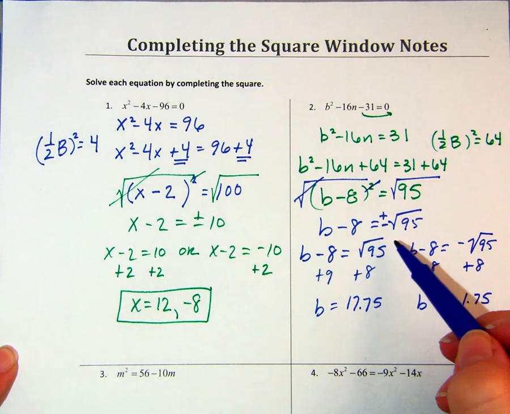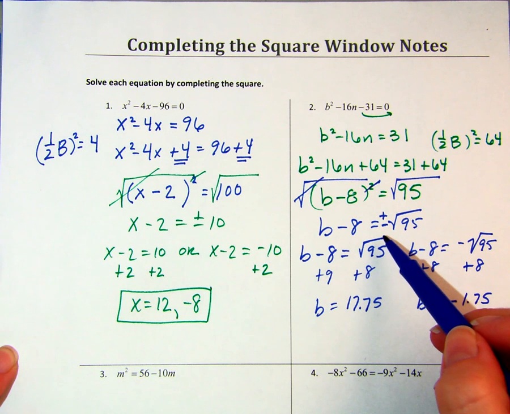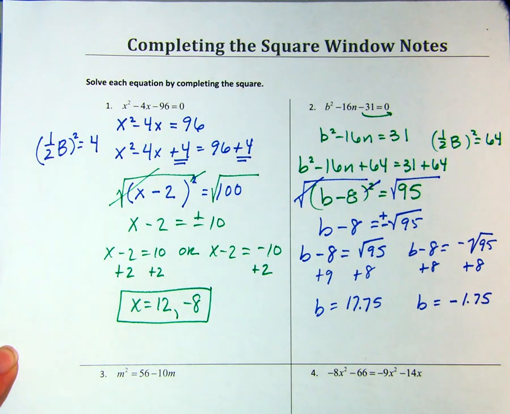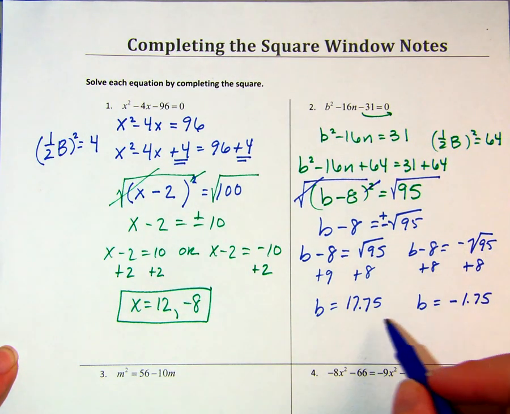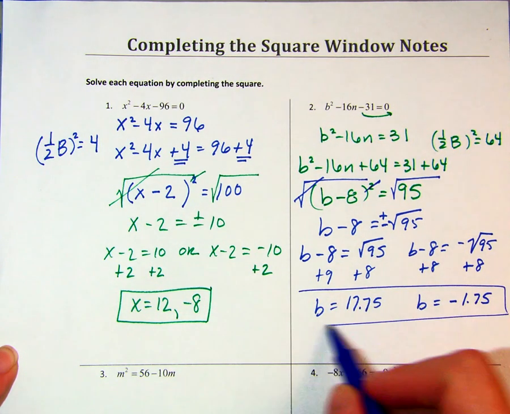So you can have decimals when you have square roots that are not perfect. You can simplify them and get decimals as your answers.